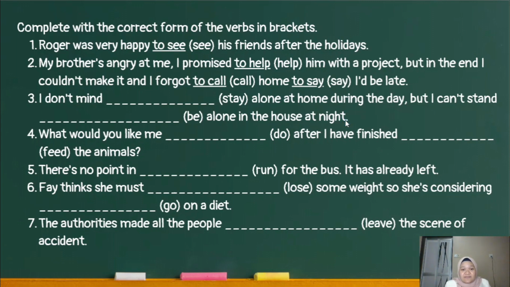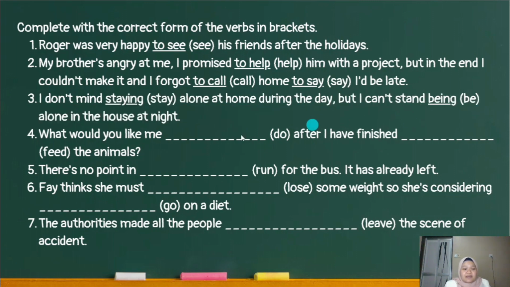Is it bare infinitive or to infinitive or gerund? Let us take a look at the answer. I don't mind staying alone at home during the day, but I can't stand being alone in the house at night. So this is gerund.